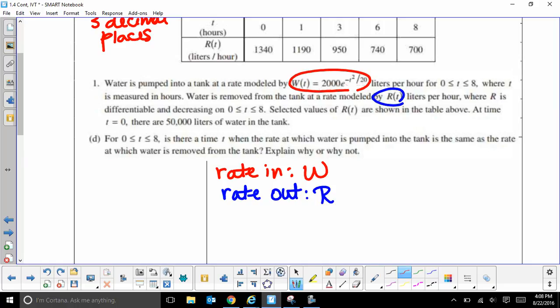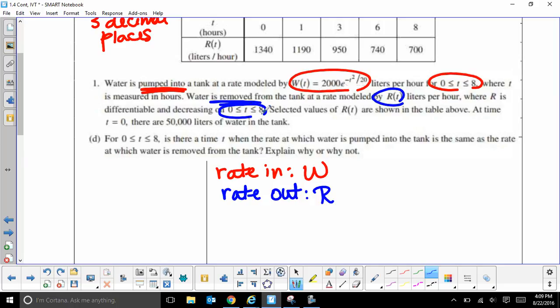So pumped in and then removed. Some other things that are interesting to know, I might need units. I for sure need some kind of interval, and they're telling me that interval. So they tell me the rate in is for 0 to 8. They also tell me when it's leaving that that's also 0 to 8.